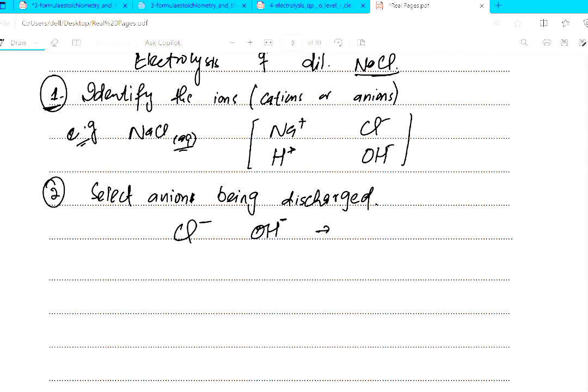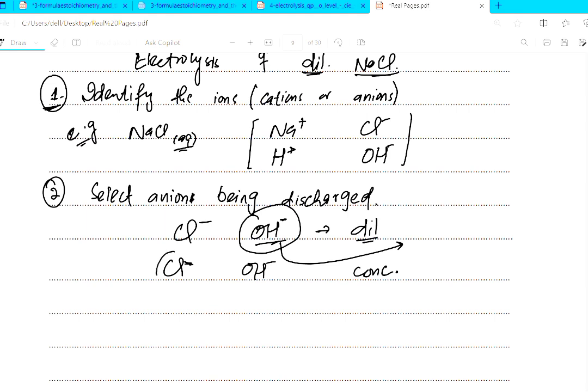In case of dilute, when it is mentioned that it is dilute, you will definitely prefer hydroxide, it will be discharged. But if you are told that you have concentrated chlorides and hydroxide, since concentration affects the discharging of anions, you have to prefer chloride, although it is above in that series. It's hard for chloride to be discharged, but in case of concentration it will be preferred and discharged as compared to the lower one, hydroxide.